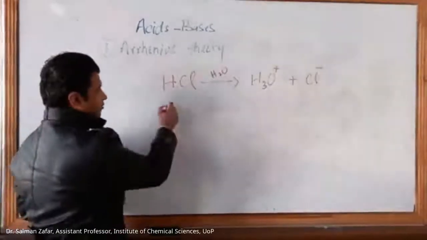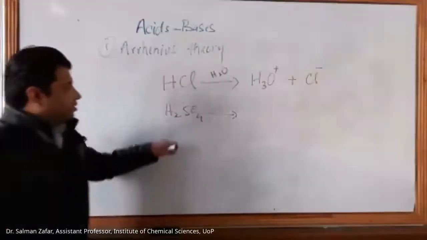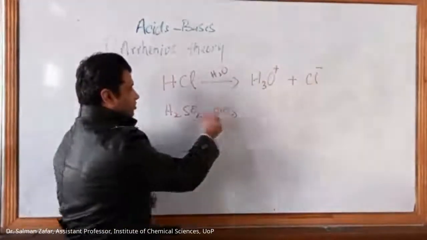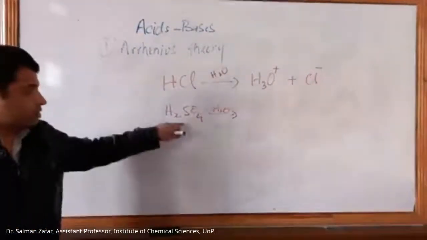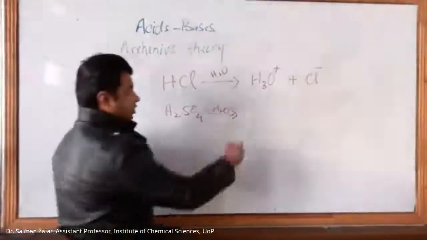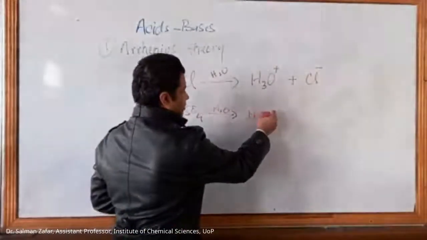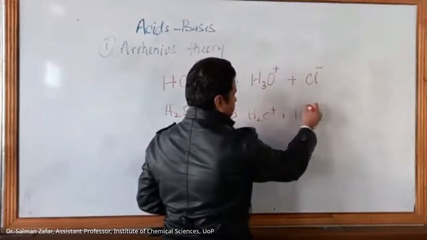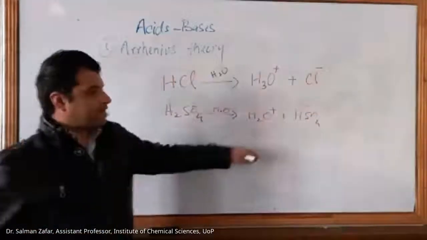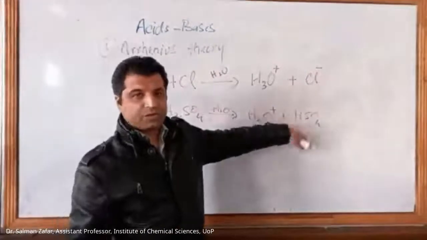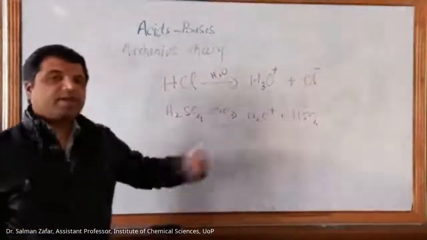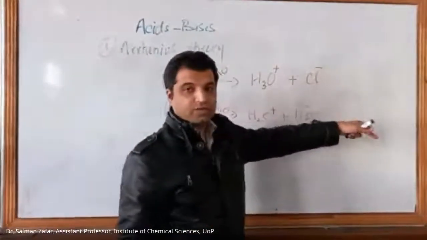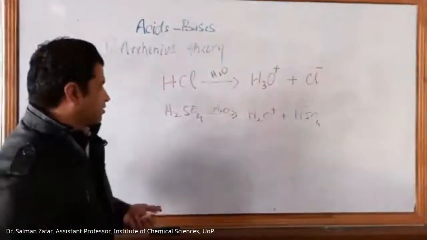On the other hand, if we have sulfuric acid, H2SO4, and you add it to water, in aqueous solution it will dissociate into, again, this hydrogen ion and a bisulfate anion is produced. This bisulfate anion can then release another hydrogen ion to form a sulfate anion in the second step.